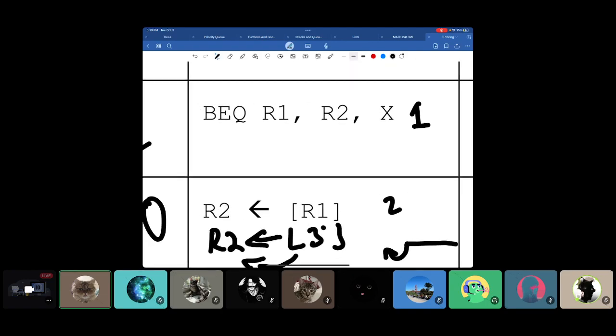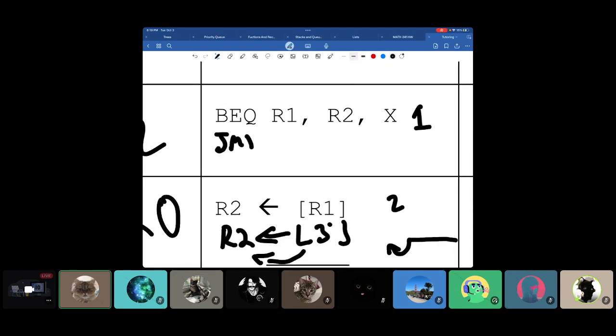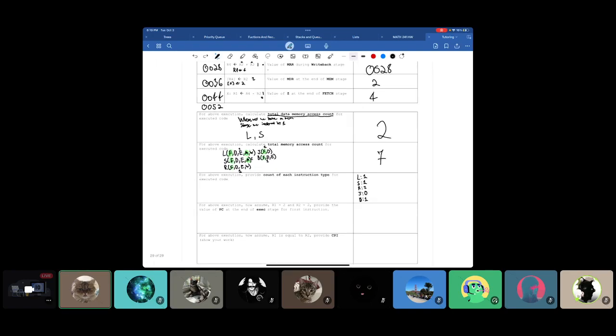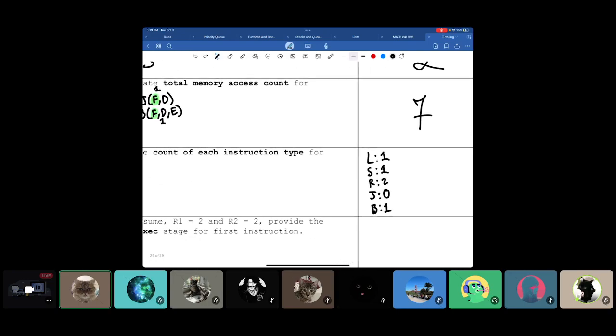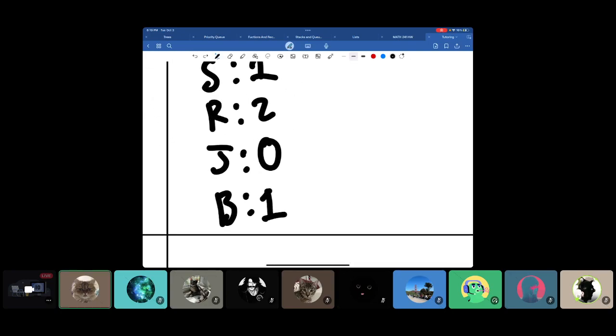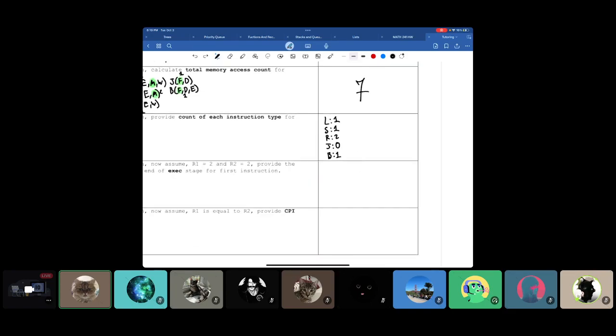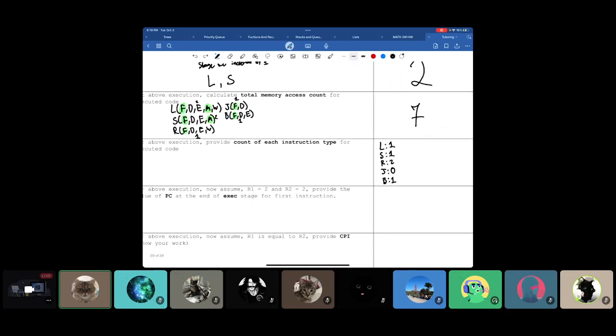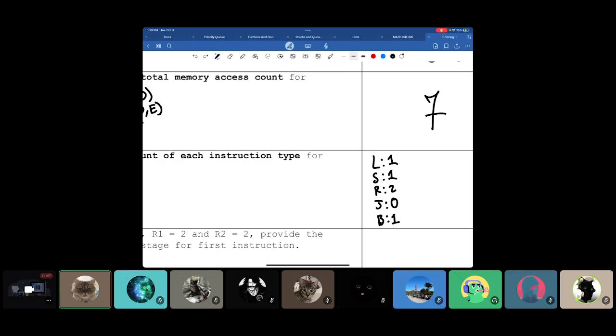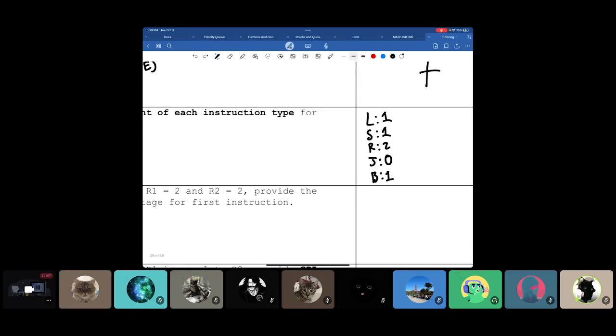Because if it was a jump type, it would be JMP, I think. So there's no jump types, and that'd be your answer for this. You can include jump 0 if you want, but I don't think you need to. Because in the answer, I think he just included load, store, R type, and B. So I don't think you have to include J.